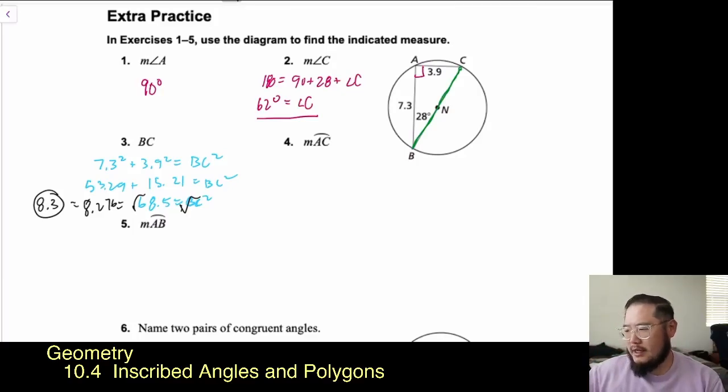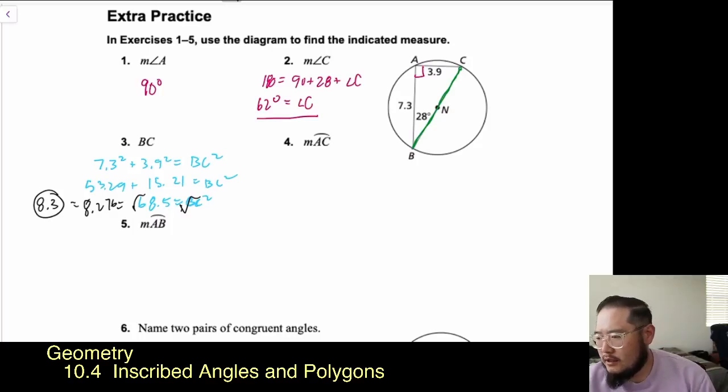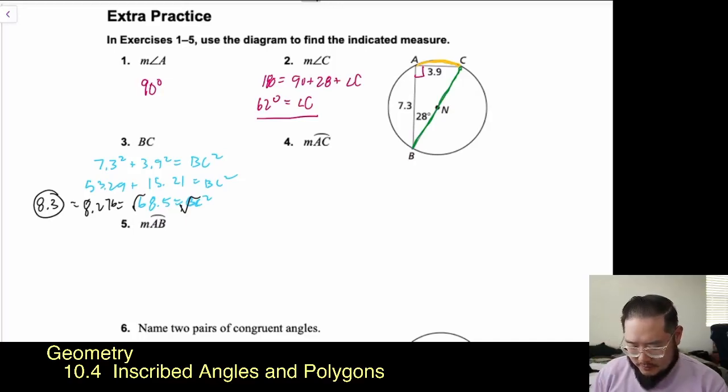Next up, let's take a look. We were trying to look at arc AC. So if I look at arc AC, it's up at the top in this diagram, and it subtends angle B right here. Okay, if I look at angle ABC, we're looking at 28 degrees. All right, so remember we have a theorem, an equation that we used right here.